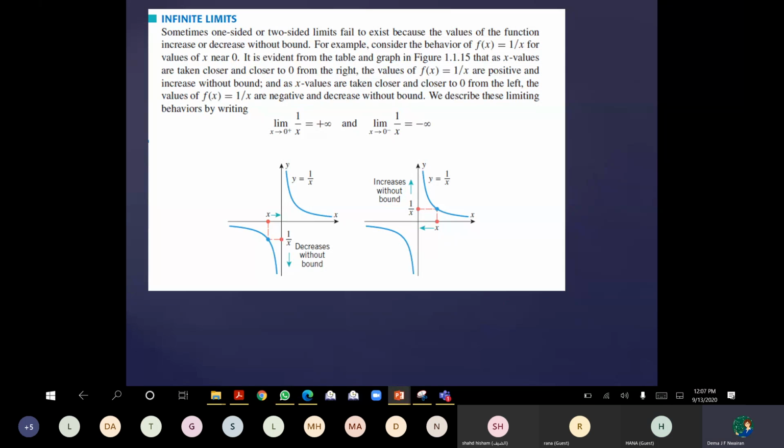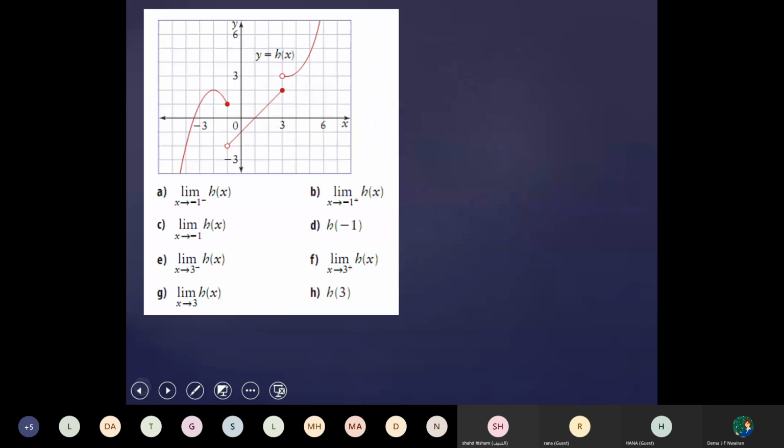Okay. Today we will talk about infinite limits. In the previous section, we said that if we have to find the limit at a point when x approaches exactly that point, the answer is a point.